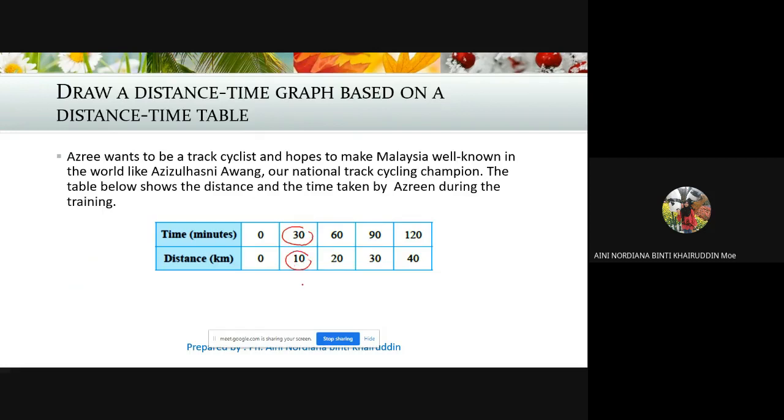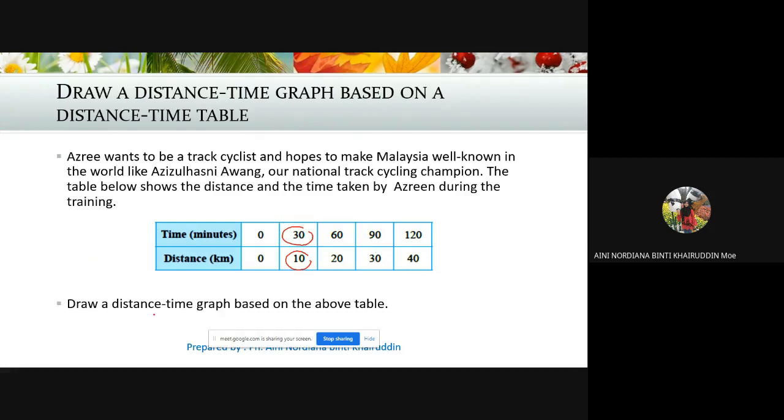Itu cara you baca table. 60 minit, which is 1 hour, 20 km. 90 minit, 30 km. 120 minit, 40 km. So kita dah ada distance time table. Ini dah dia distance time table yang pertama tadi.